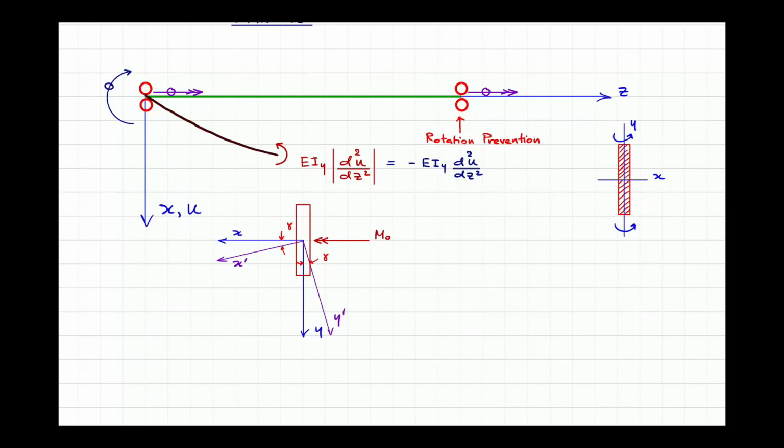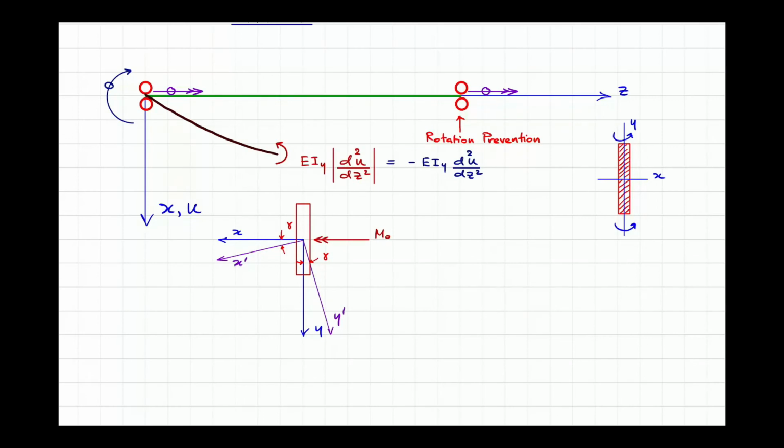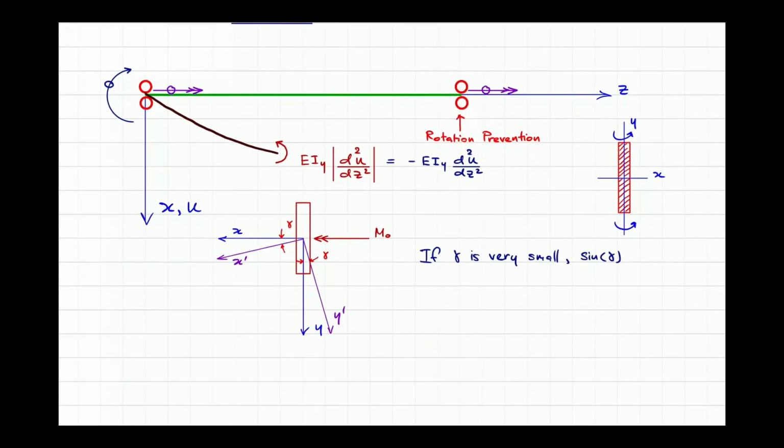Now we want to make this one into these coordinates. If gamma is very small, the sine of gamma can be approximated by the gamma value itself.